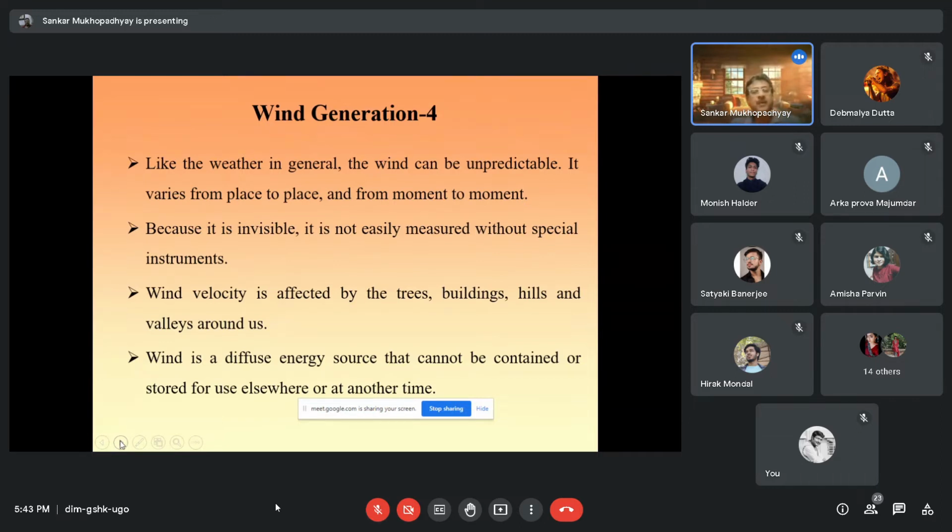It varies from place to place and from moment to moment. Because it is invisible, it is not easily measured without a special instrument, so you cannot measure the wind speed unless you use an anemometer. Wind velocity is affected by trees, buildings, hills, and valleys around us. Wind is a diffuse energy source that cannot be contained or stored for use elsewhere or at another time.